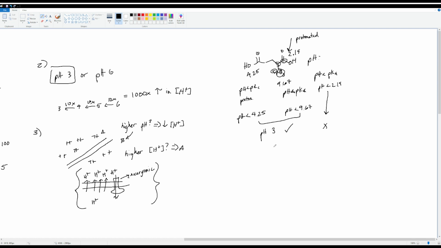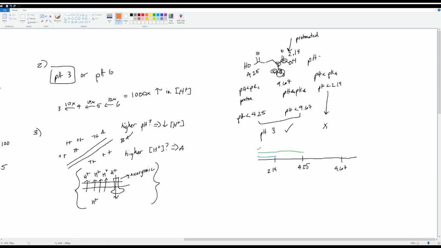And so we keep doing this, or we can put it on a number line. So you could do it like this: 2.19, 4.25, and then 9.67. We know it needs to be less than 2.19 for the first group. It needs to be less than 4.25 for the second group.